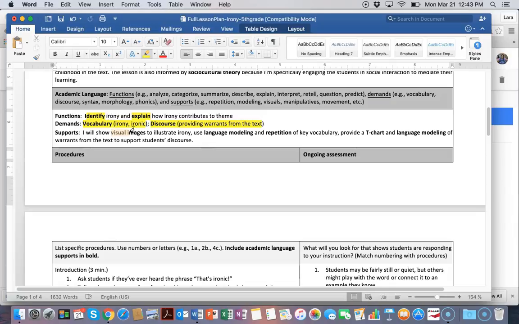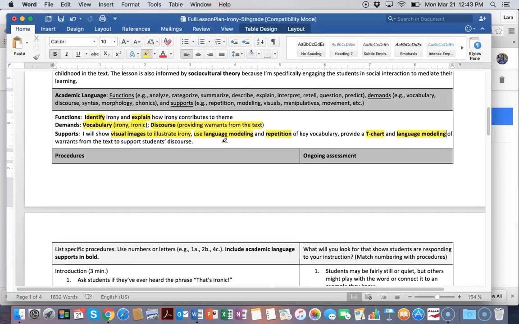I showed visual images to illustrate irony. As I did this, I used language modeling and I repeated the key vocabulary. To support my students in the demand of discourse in order to explain how irony contributes to theme, I provided a T-chart and I engaged in language modeling of warrants from the text to support their discourse.